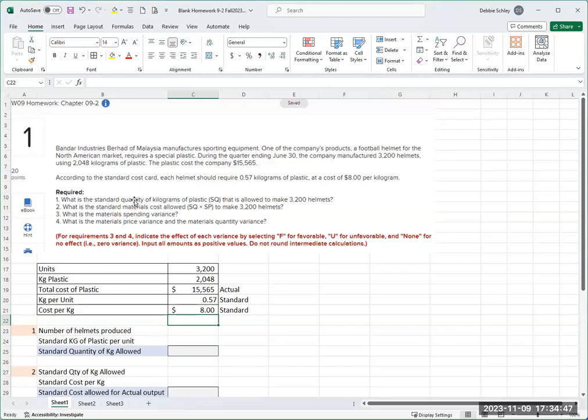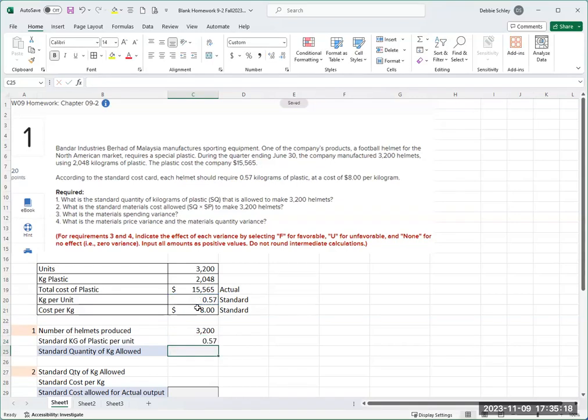Requirement 1. They want to know the standard quantity of kilograms of plastic that is allowed to make 3,200 helmets. So to get that answer, we will take the number of helmets produced, which is our units, and the standard kilograms of plastic per unit, which is this 0.57.